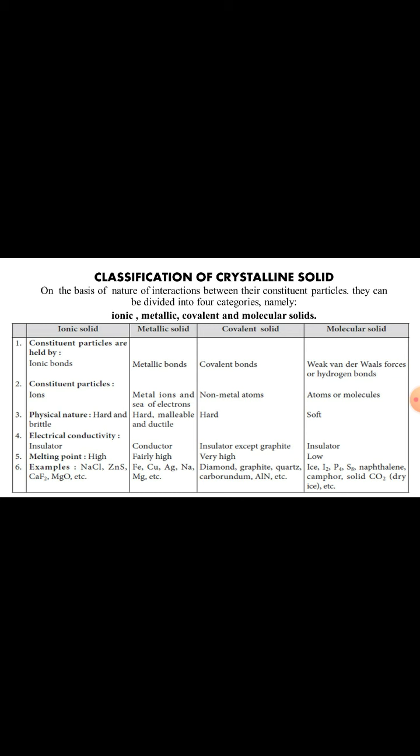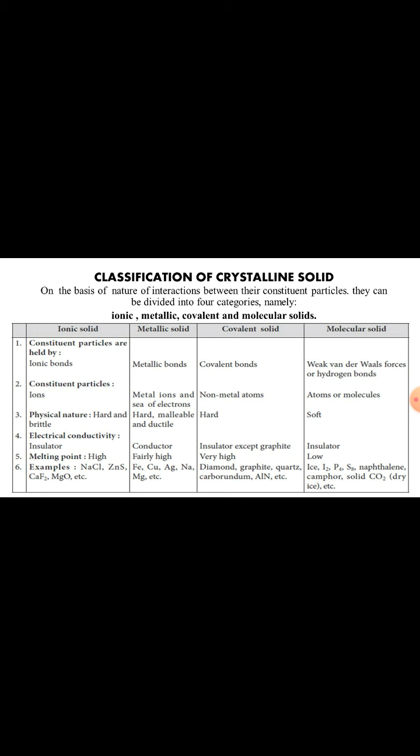That's why these solids are hard. Electrical conductivity: except graphite, they are insulators. Graphite is conducting because of the free fourth valence electron between different layers. Graphite shows conductivity.